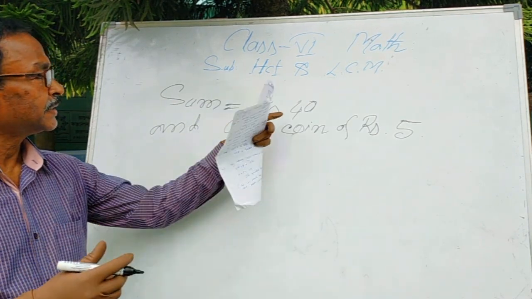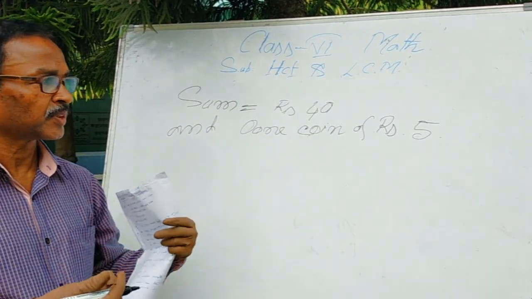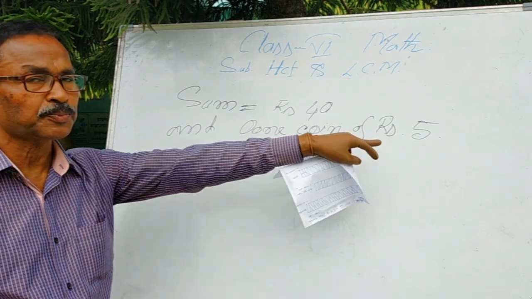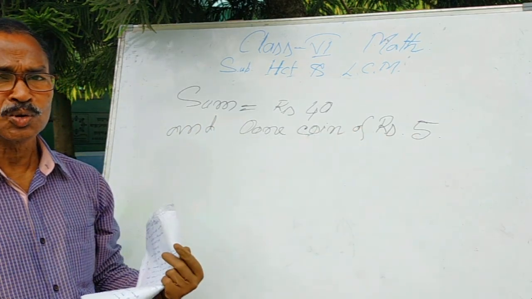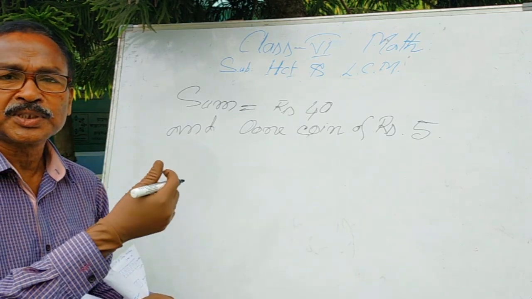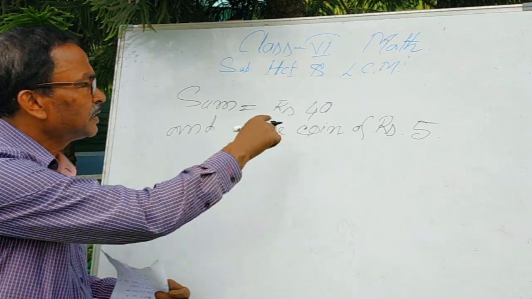We take this in two boxes, of which the minimum amount is rupees 5. What would be the amount of rupees in these two boxes so that the total rupees will be 40?